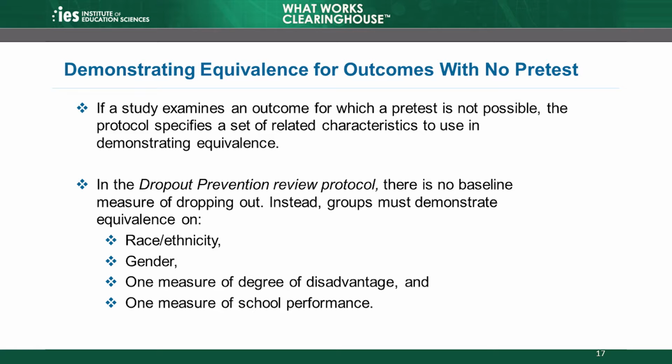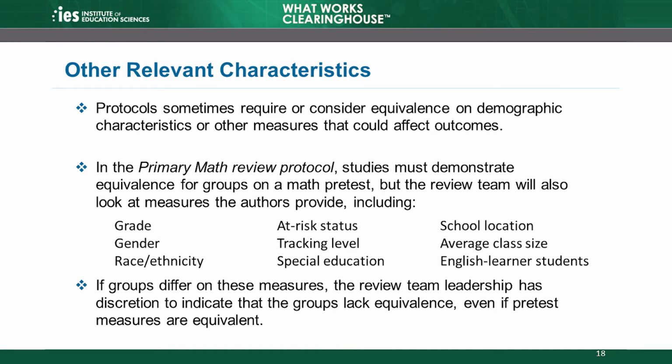A review protocol may require studies to consider other characteristics beyond pretest measures when they assess baseline equivalence. For example, the Primary Mathematics Review Protocol requires studies to note differences in certain characteristics they report. These include gender, English learner status, percentage of students receiving free or reduced price lunch, and others.